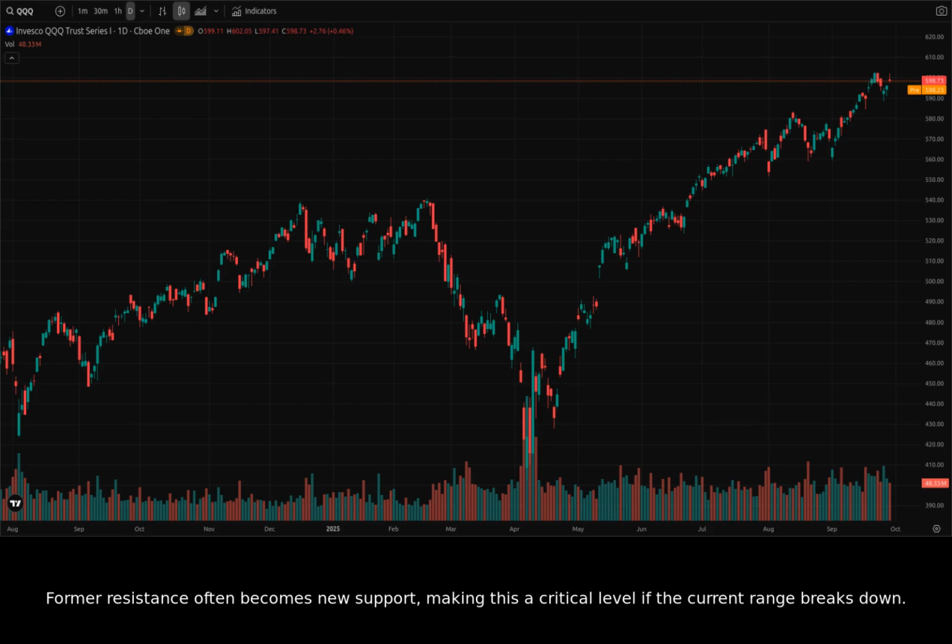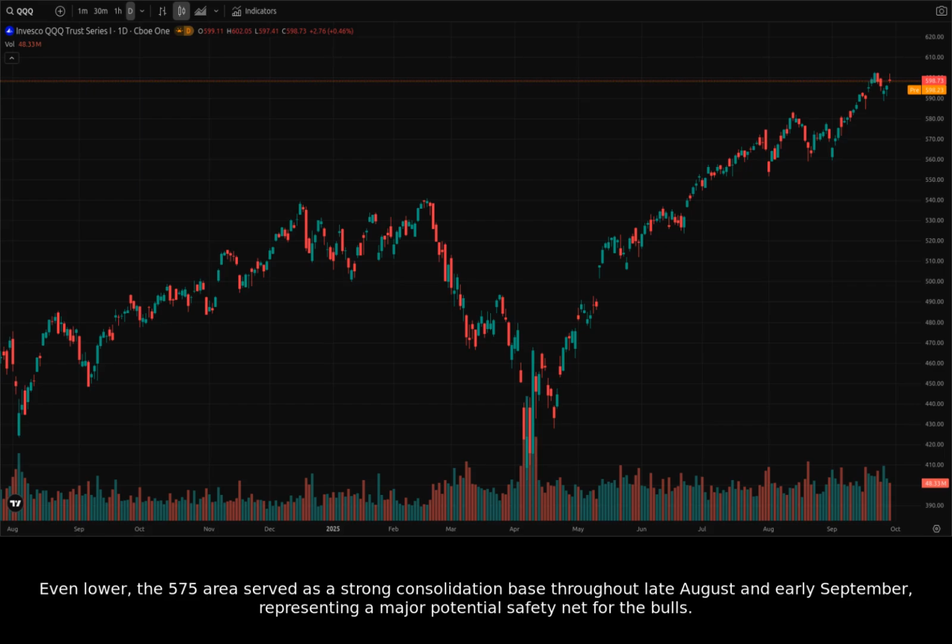Former resistance often becomes new support, making this a critical level if the current range breaks down. Even lower, the 575 area served as a strong consolidation base throughout late August and early September, representing a major potential safety net for the bulls.